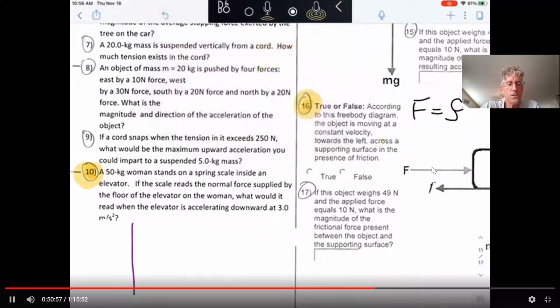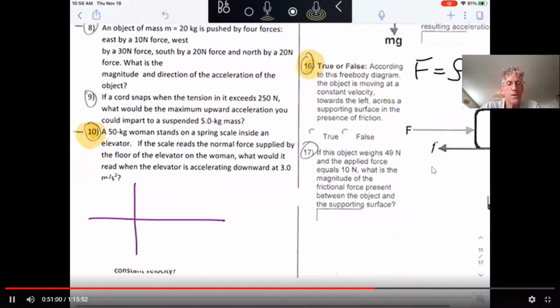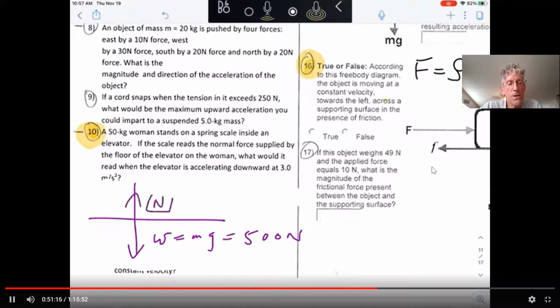So let's draw a free-body diagram. It's accelerating downward, so the weight has to be bigger than the scale reading, which is the normal force. Her weight is 10 times her mass, mg. How do you know 50 kilograms is her mass? Because it says kilograms. So I'm going to make the normal force a smaller arrow than the weight because the net force has to be downward.